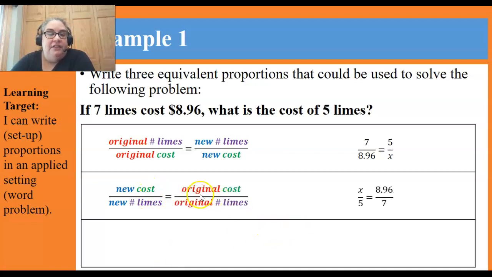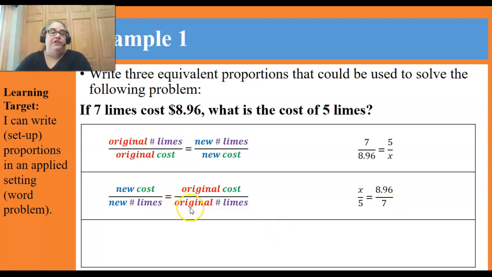Looking at the labels, it's original cost to original limes. So my new cost to new limes is going to be the same as my original cost to the original limes. And again, I don't know my new cost, so that's going to be my variable. So x to 5 is equal to 896 to 7.